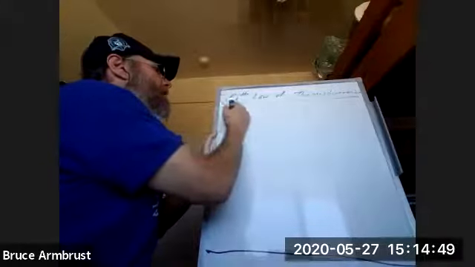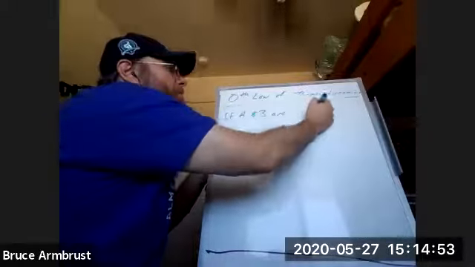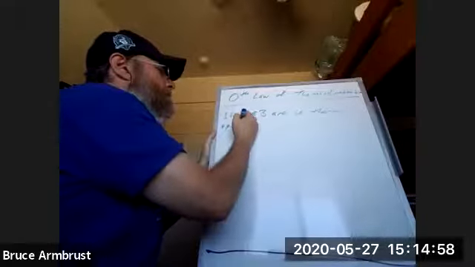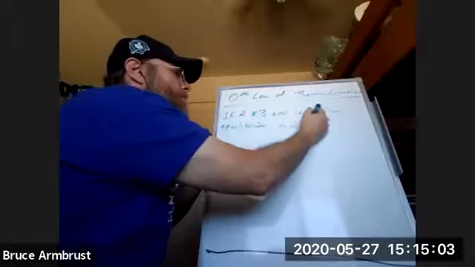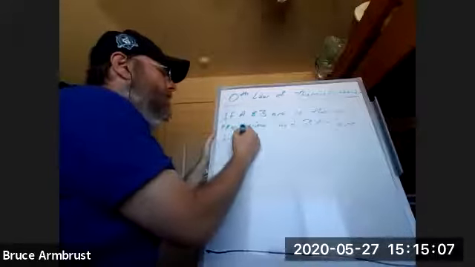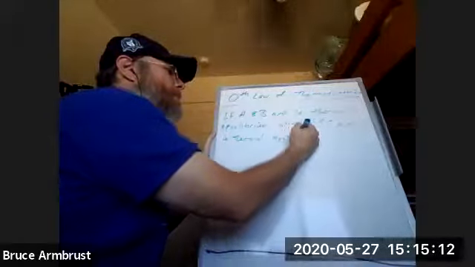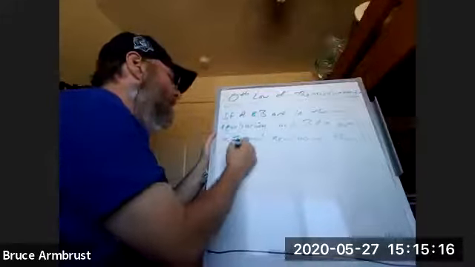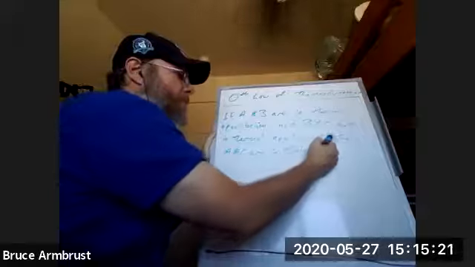It says that if A and B are in thermal equilibrium, and B and C are in thermal equilibrium, then A and C are in thermal equilibrium.